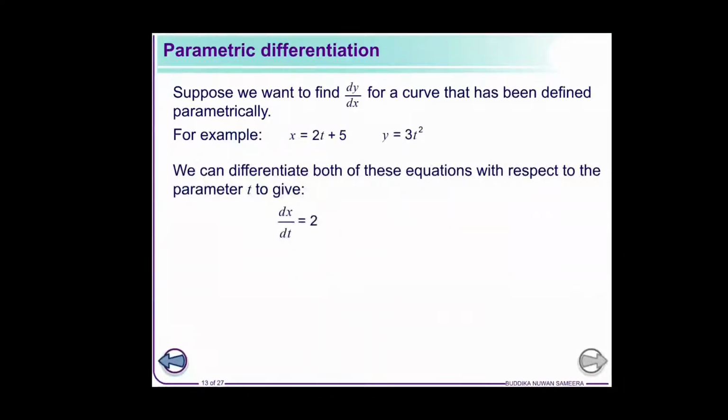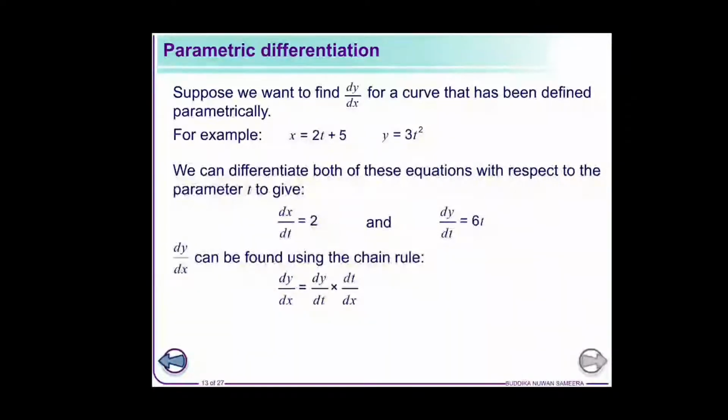The first thing is you can find dx over dt easily. Here the answer is 2. Then dy over dt also you can find. The answer is 60. Then we know that dy over dx should be equal to dy over dt multiplied by dt over dx.